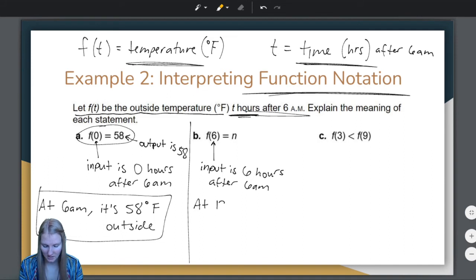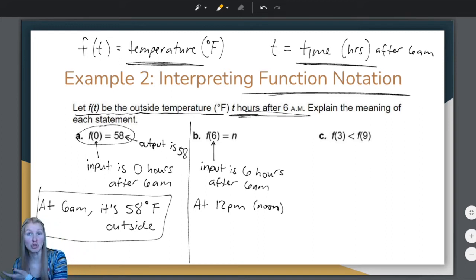So at 12 p.m. or noon, whatever you want to call it. That's why we call it afternoon, because if it's 3 p.m., it is afternoon. It's after 12 p.m.